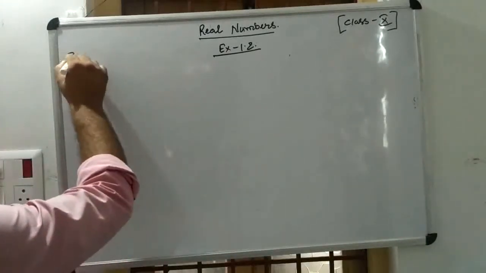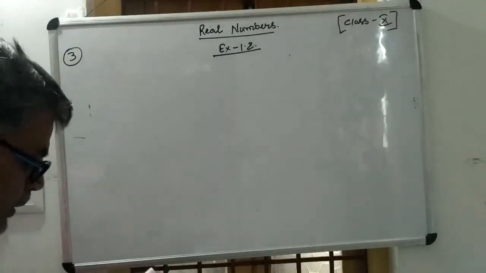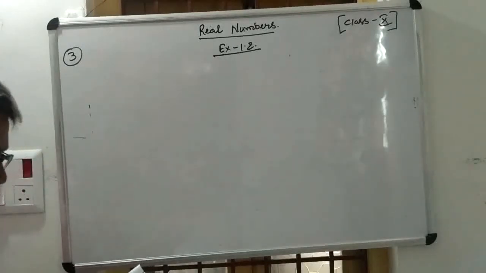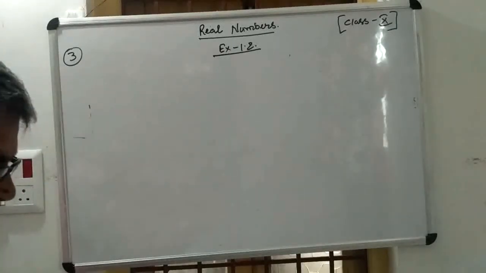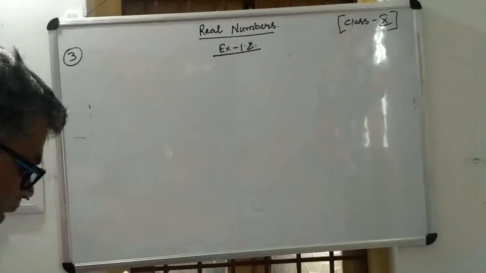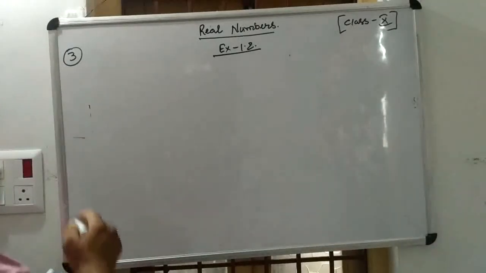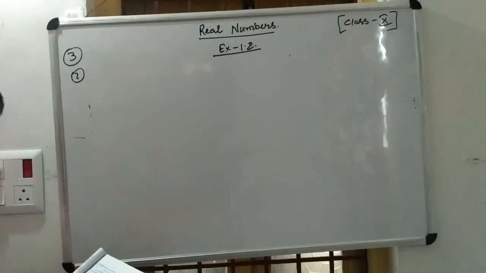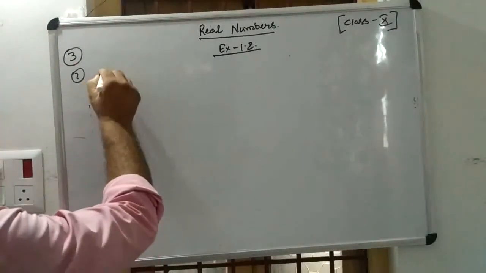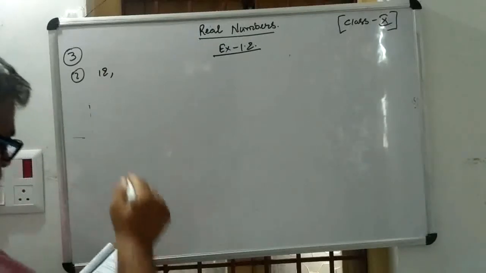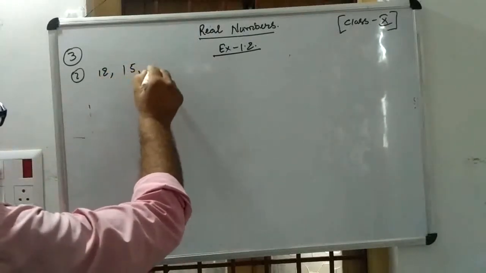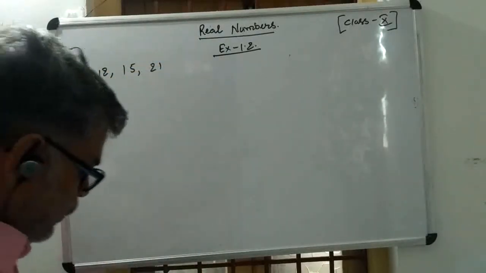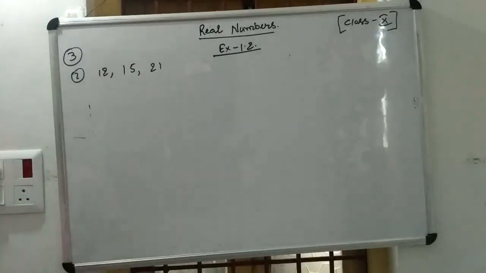Find the LCM and HCF of the following integers by applying the prime factorization method. Your numbers are 12, 15 and 21. You need to find the HCF and LCM by the prime factorization method.